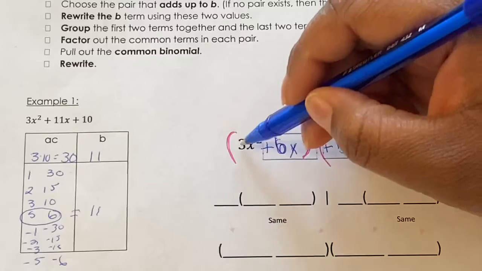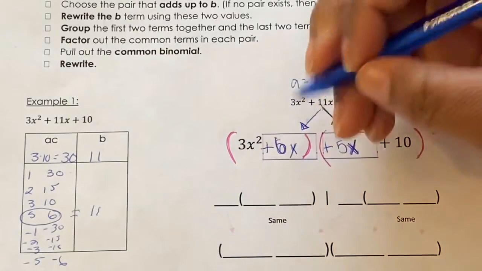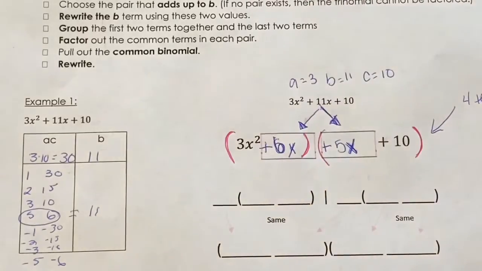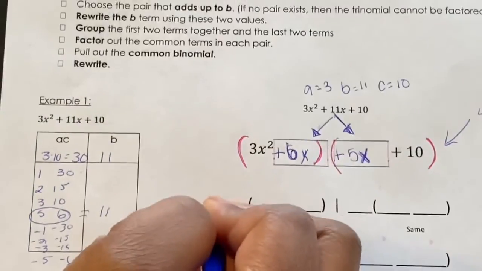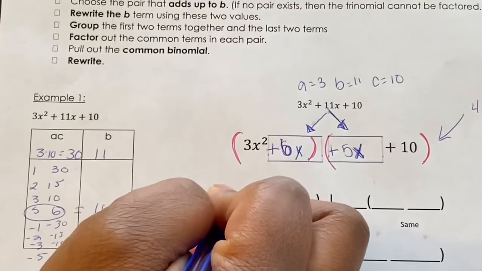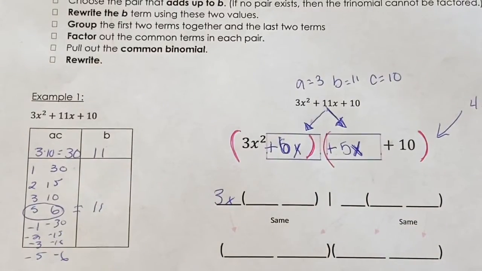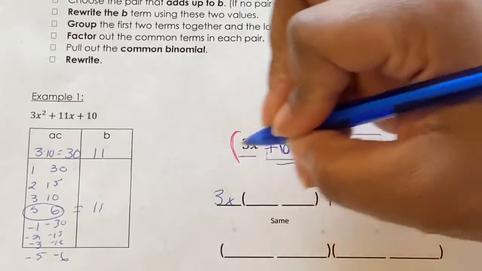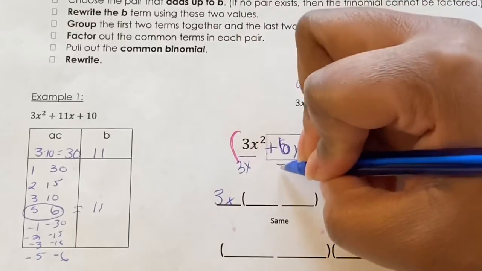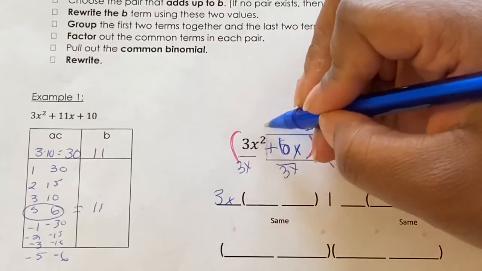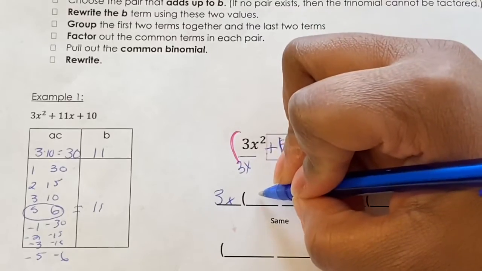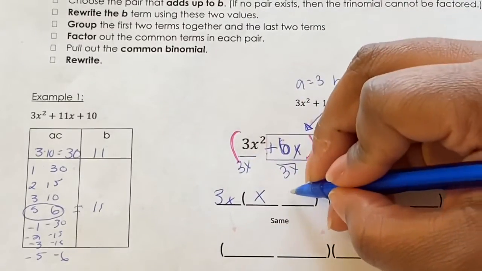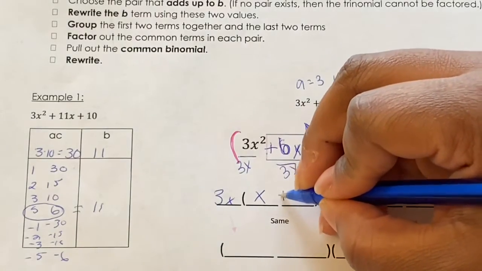Our greatest common factor then is going to be 3. And then they both have at least 1x. So our common factor is going to be 3x. Now, when I divide both of them by 3x, what do I have left? Well, 3x squared divided by 3x is x. And 6x divided by 3x is positive 2.